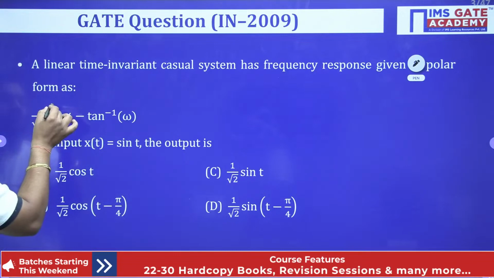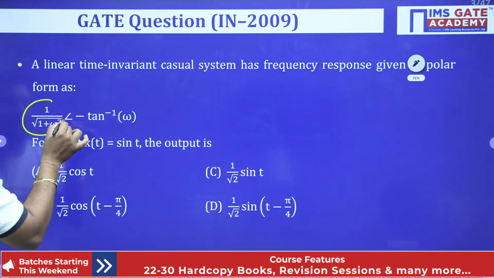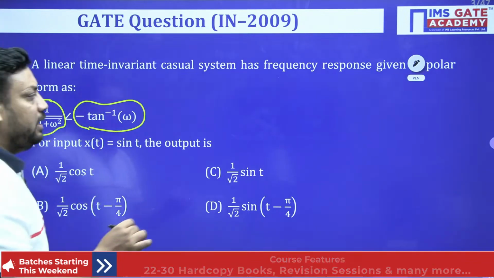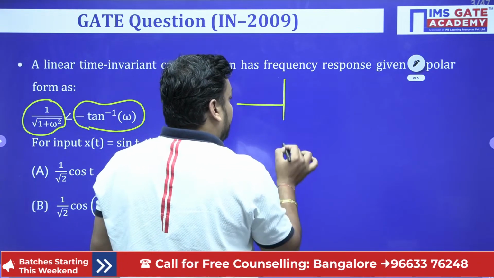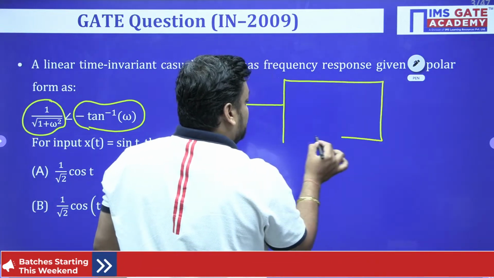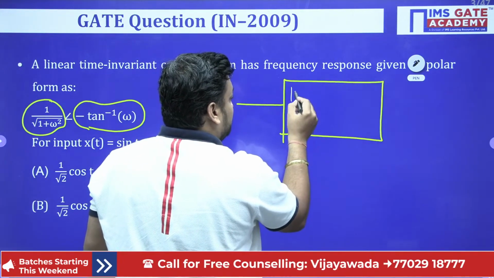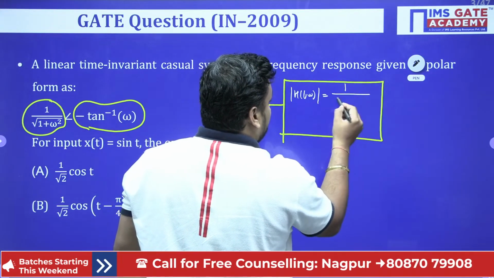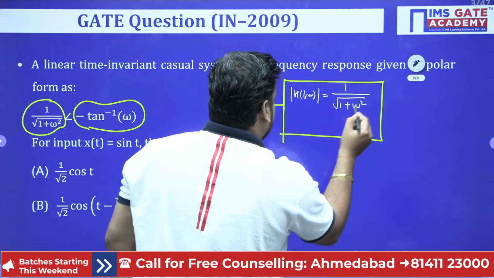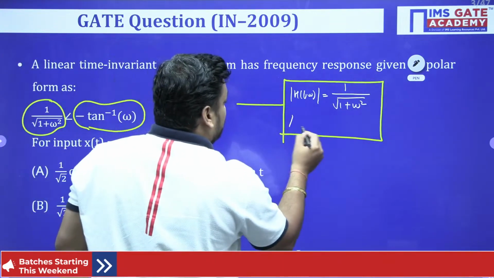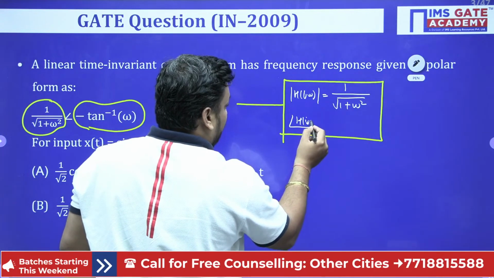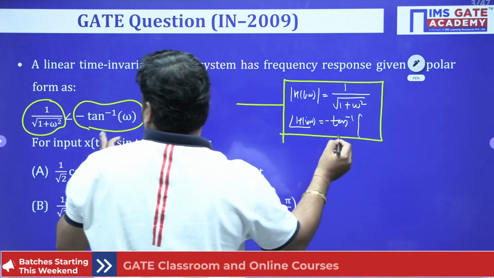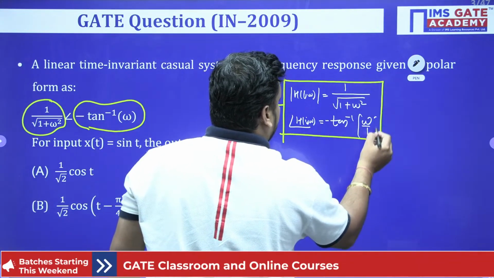It means the magnitude of H(omega) and the angle of H(omega) are already given to us. The magnitude of H(omega) is the square root of 1 plus omega squared. The angle of H(j omega) is also given to us, it is minus tan inverse of omega by 1.